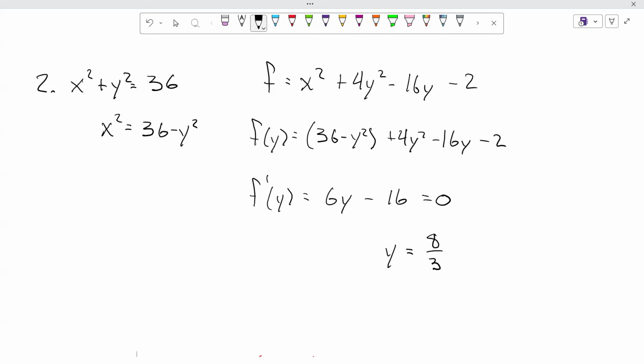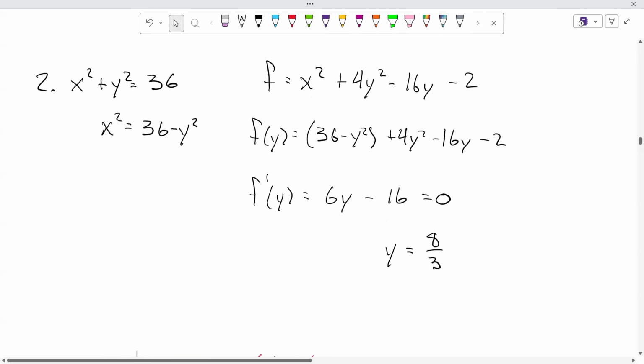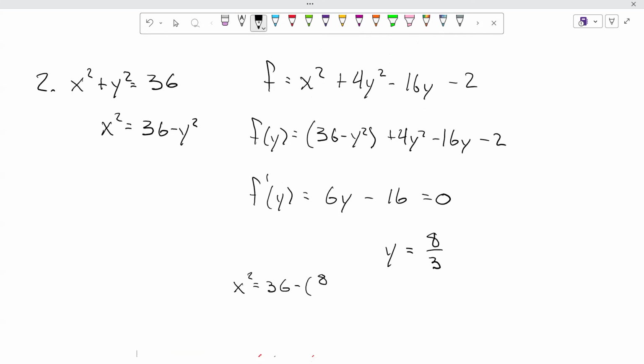Once I know that y is 8 over 3, I know that x squared is 36 minus 8 over 3 squared, which will get me to a couple of numbers. In particular, x is plus or minus the square root of all that jazz.